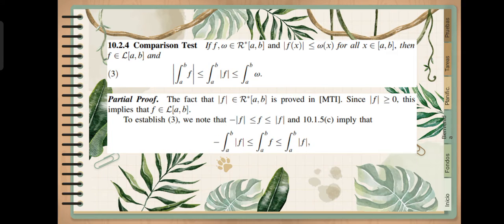Partial proof. The fact that f is an element of R*[a,b] is proved in 10.1.1 since f is greater than or equal to 0. This implies that f is an element of L[a,b].